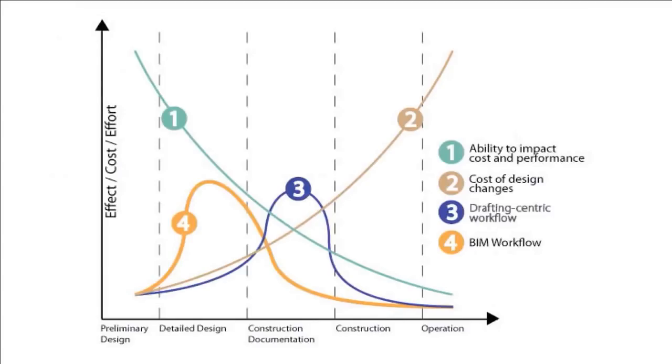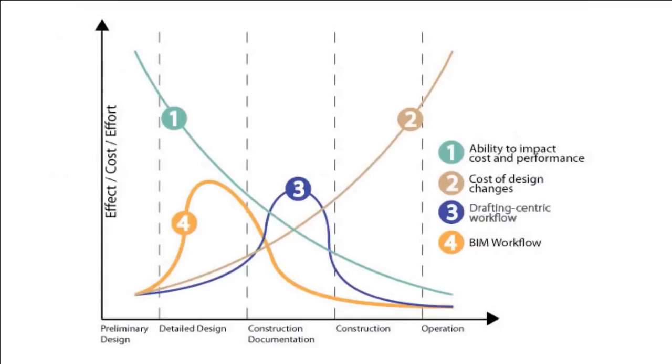The thought there is that you can capture that time into the front end of the design and allow the design to improve and spend more time exploring options, and then allow the technology to help aid in construction documentation and construction management. So you're taking that same time and just shifting it to the front end.